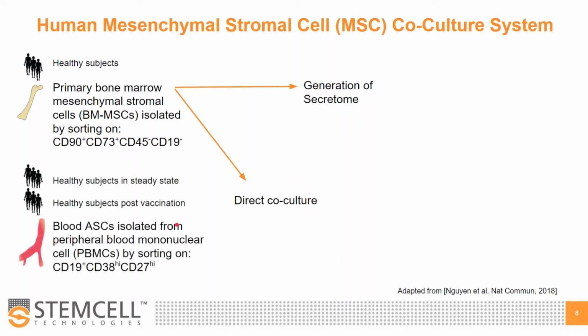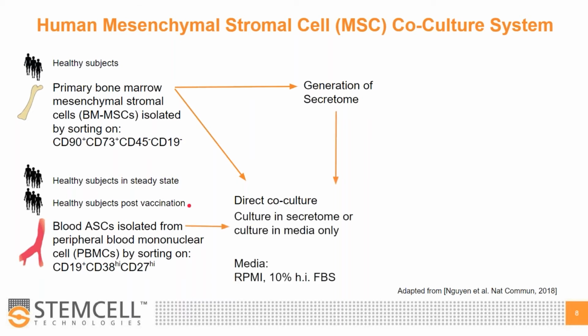The antibody-secreting cells from the blood are also isolated from healthy subjects in either steady state or post-vaccination, which is used to boost the number of antibody-secreting cells in the blood. They're then isolated from PBMCs by sorting on CD19 positive, CD38 high, and CD27 high cells.